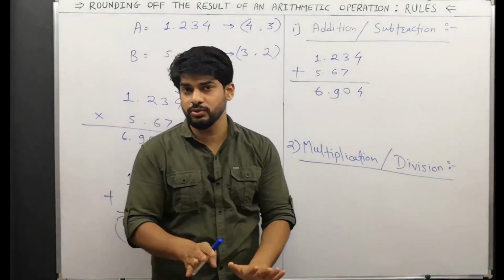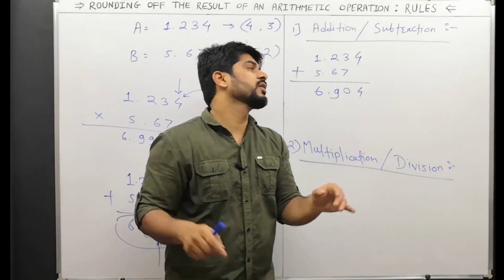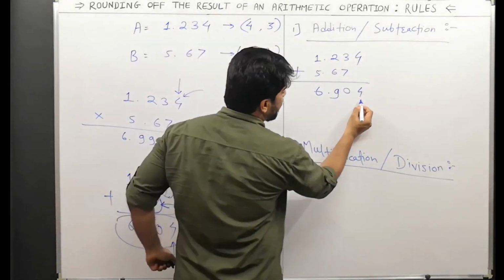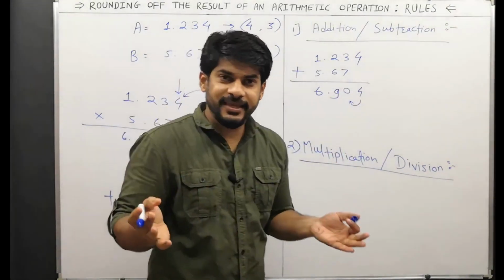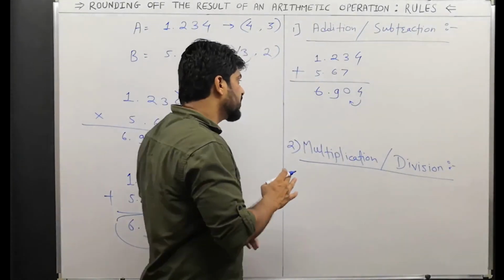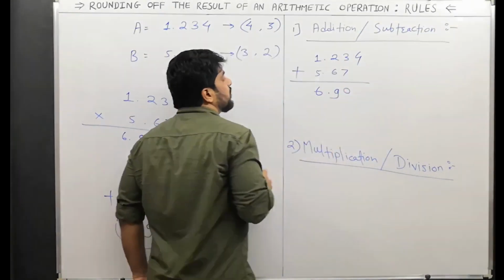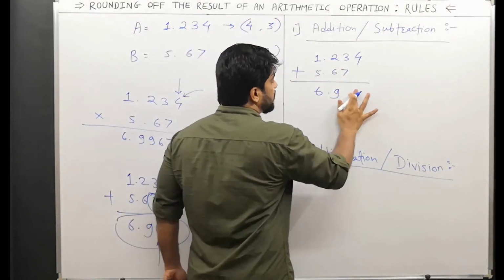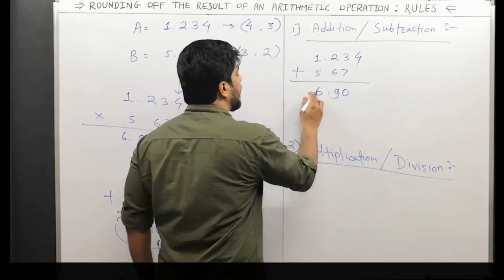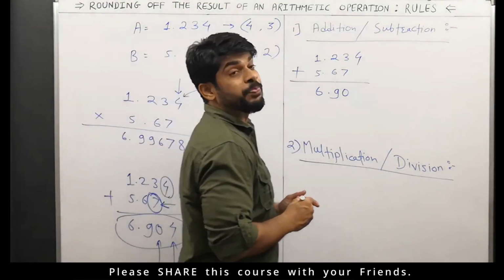That is the rule. That means this number would be rounded off. Now this is 4, which is less than 5, so it would be ignored, just cancelled from there. So now the answer would be 6.90. That would be the correct way of writing the answer.